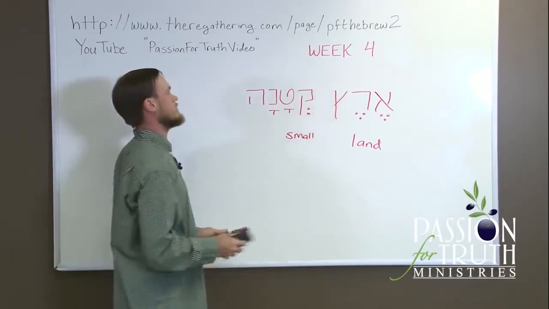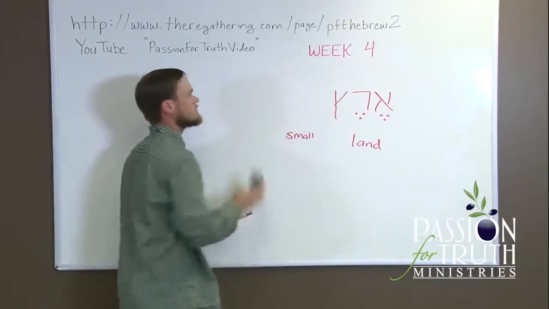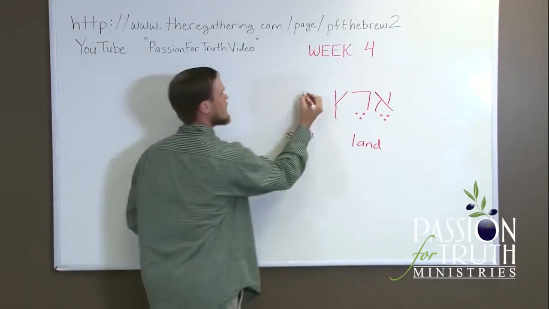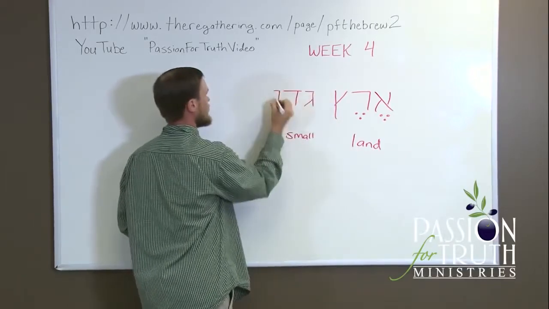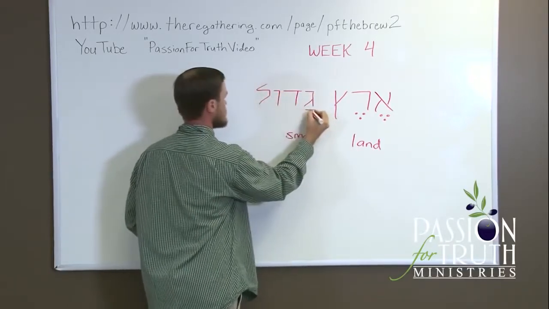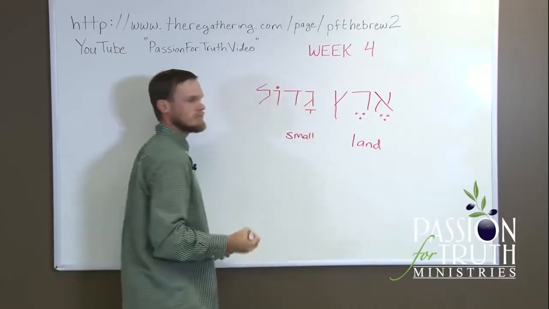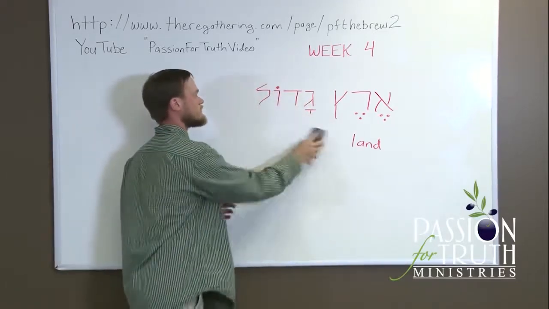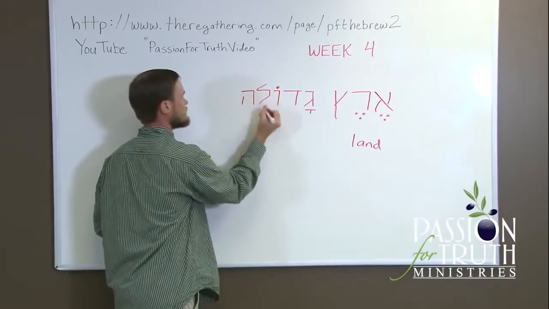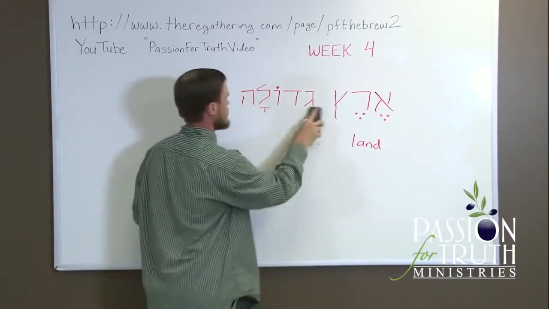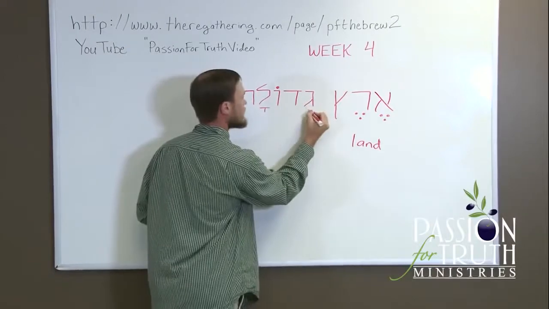Okay, how about a big land? Right. Gadol is our masculine for large or big. To make it feminine, add kamatz hey. And this one actually does undergo a vowel change also. Don't worry about it.